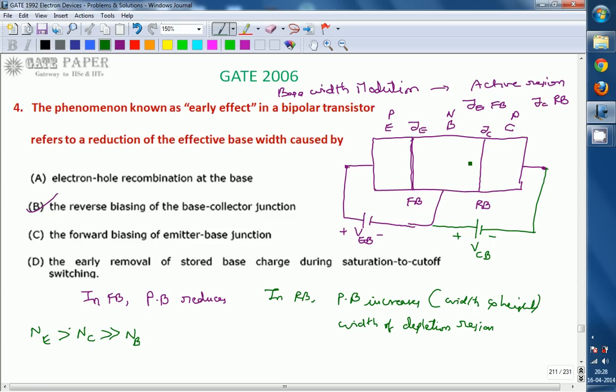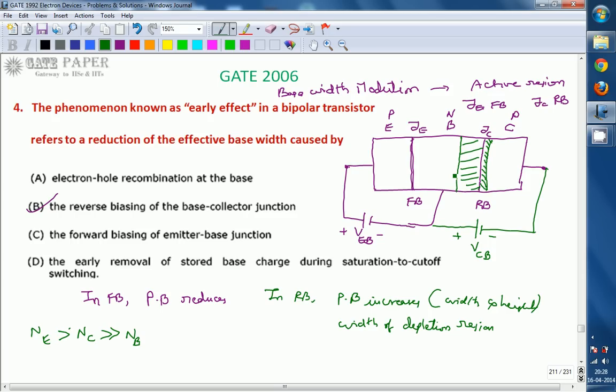So the width of the depletion region at the collector base junction increases more into the base region than the collector side. The collector side is very small, whereas the base side increases because the base is lightly doped.